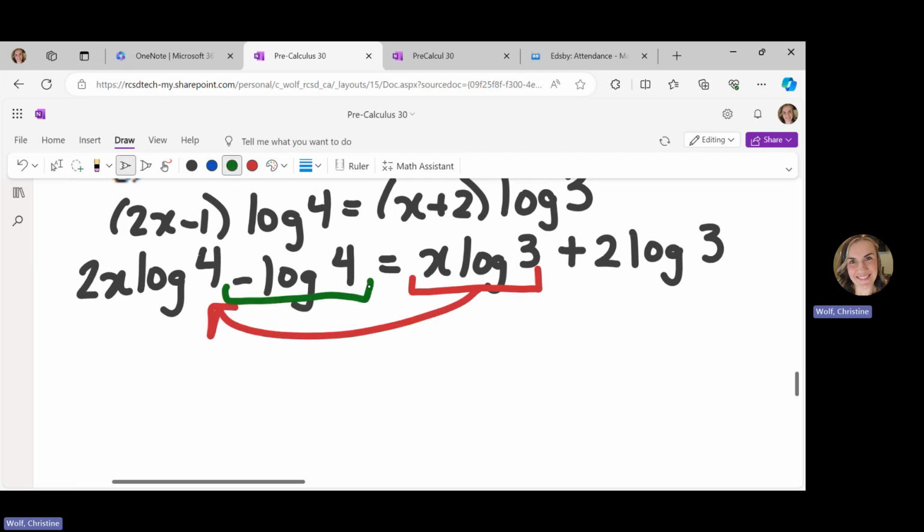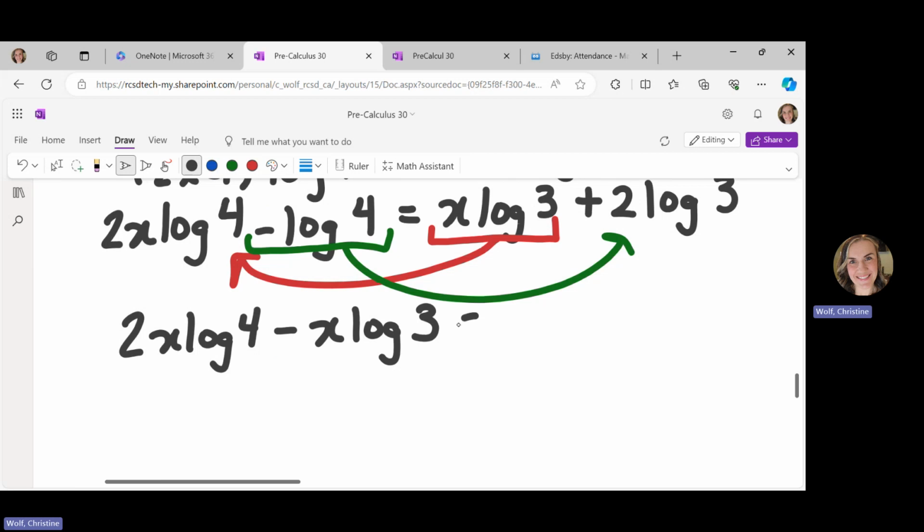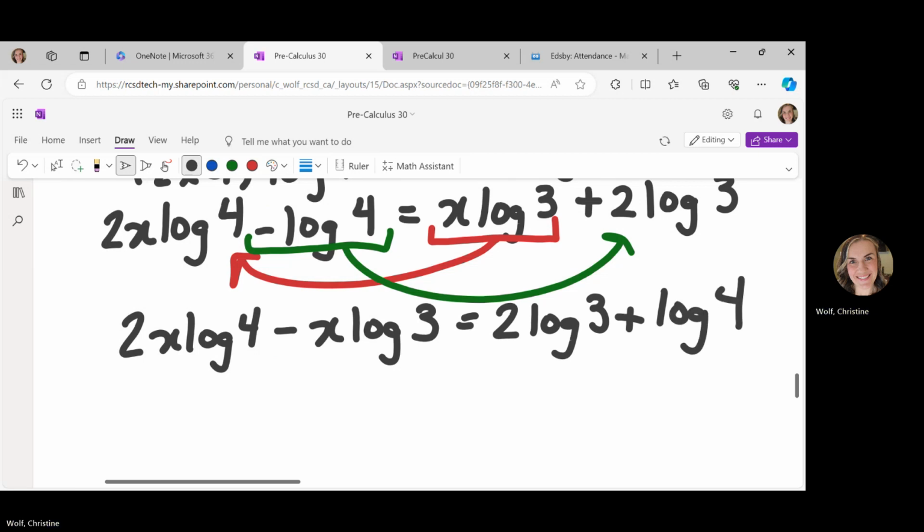And this guy is going to go over and he'll become positive. Those two are just switching spots and their symbols will change when you do that. So I have 2x log 4 minus x log 3. That's the red one I moved over. And then I have 2 log 3 plus log 4 on the right.